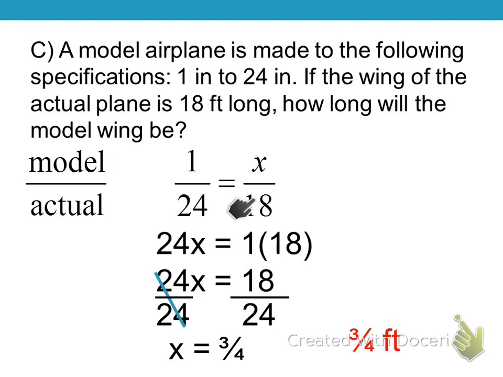So 3/4 of a foot is the correct answer. I wouldn't use a decimal on this. I'd do 3/4. If you converted this to inches, your answer would be in inches, and it would just be 9 inches.